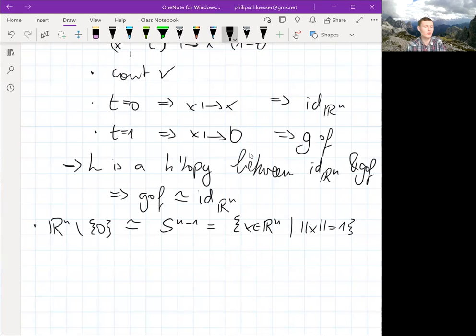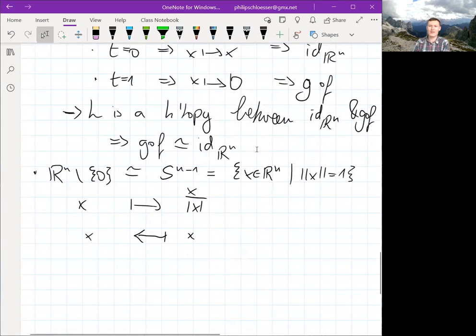I guess I'm going to speed things up a bit. We can map a point to, well, its normed version, and the other way around, you just map it to itself.